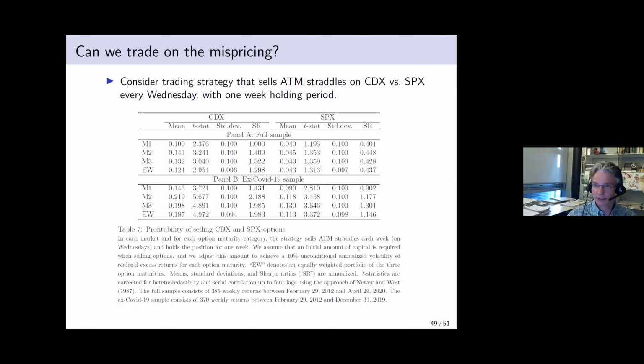So there the transaction costs would be minimal. You just buy them at the beginning of the month, hold them for one month, and then let them expire. Even there, we found very high, substantial Sharpe ratio differences, and they were high on the CDX side.